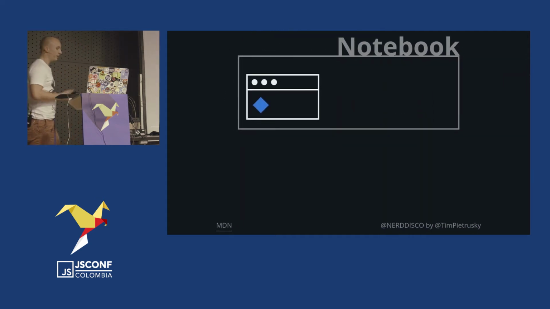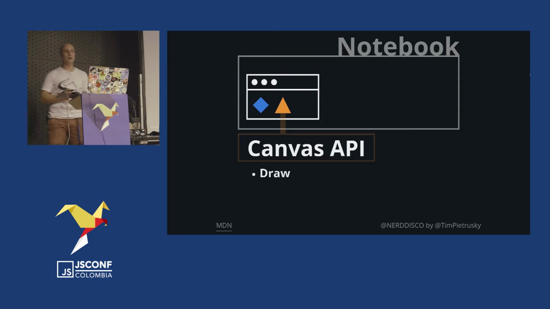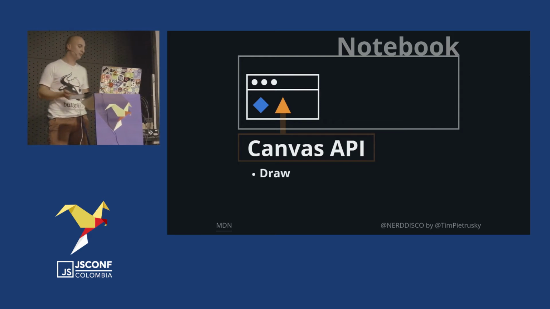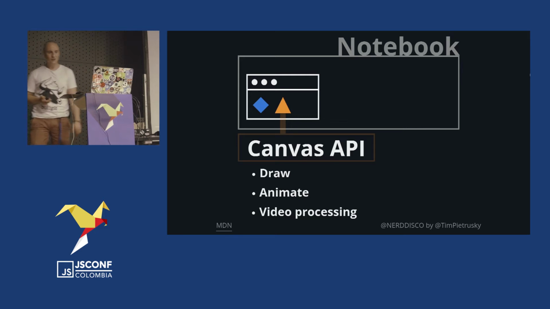So we have some music, but you have seen there are some visualizations in Nerd Disco. For that, I'm using the Canvas API. With the Canvas API, you can draw stuff like a static image, or you can create animations, or you can even do video processing.